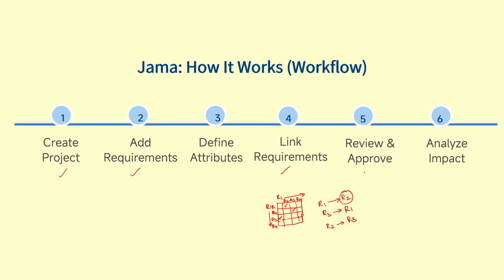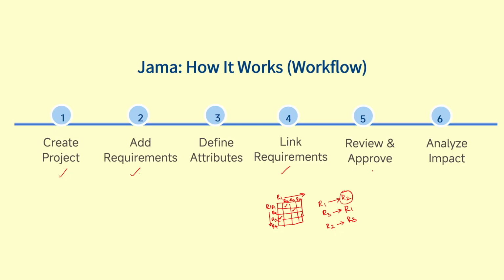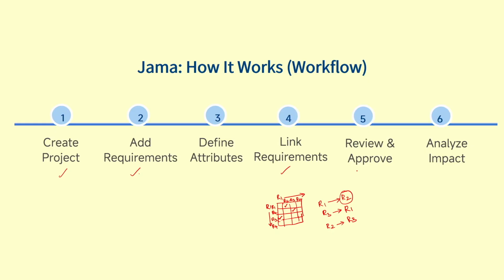After that, we have to review everything, because people who don't have any knowledge can also add a requirement, but this review and approval should be done by high-level, technical-level people, so that they review all the requirements and check whether the attributes are defined properly and whether the requirements are linked properly, and then they will approve the workflow. The final step is that after it has been approved, it is in production.